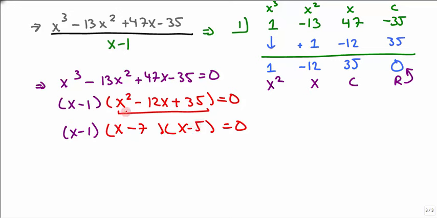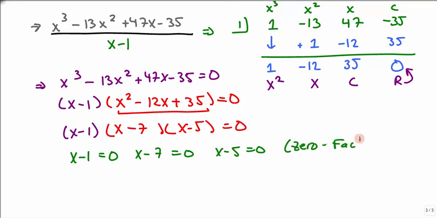Now if you weren't sure how this factored, you could graph x squared minus 12x plus 35 and see where it crosses the x-axis. And then from here I use the 0 factor property and I say, oh, x minus 1 equals 0, x minus 7 equals 0, x minus 5 equals 0. And again, this is called the 0 factor property.